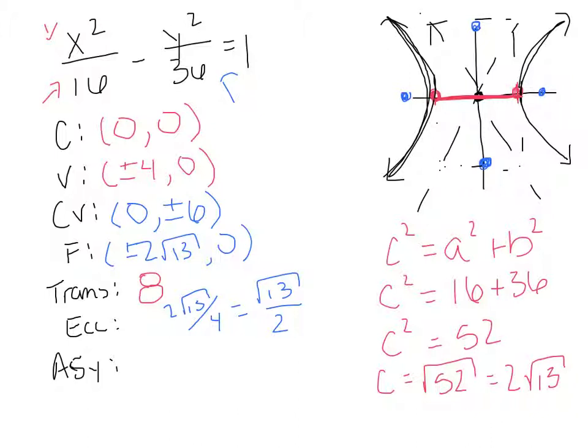Now the trickiest part of hyperbolas is writing the equations of the asymptotes. The equations of the asymptotes are those two lines that we used with our rectangle. Since they're lines, I'm going to write it in point slope form, and in this case it's kind of easy because the center is 0, 0. But I'm going to write it out with point slope form anyway so you can see what it looks like.